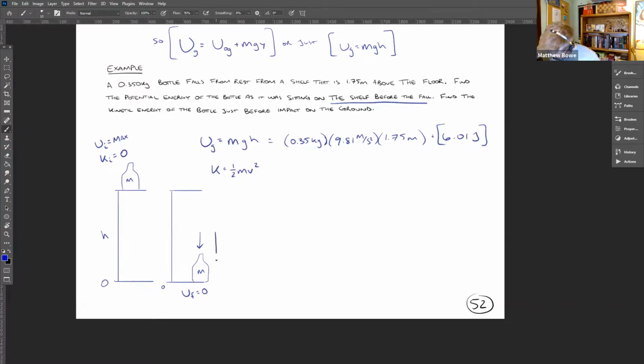And right as it reaches the ground, that is as fast as it's going to go before it has to stop, because the ground is going to stop it. So the kinetic energy at the final position right here is a maximum.